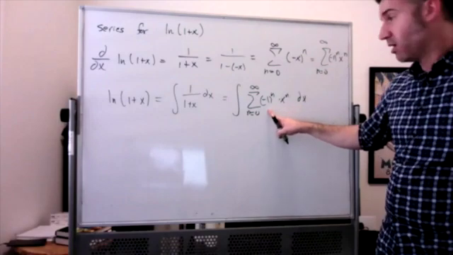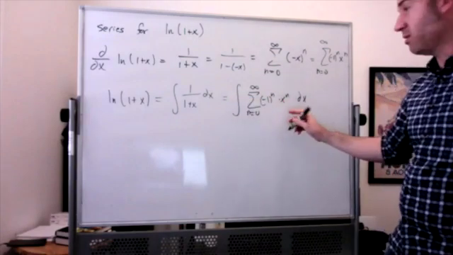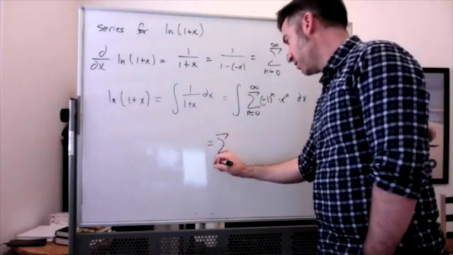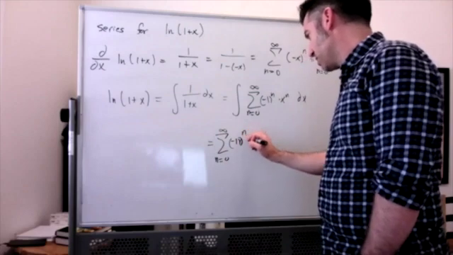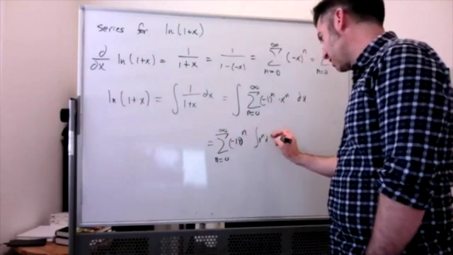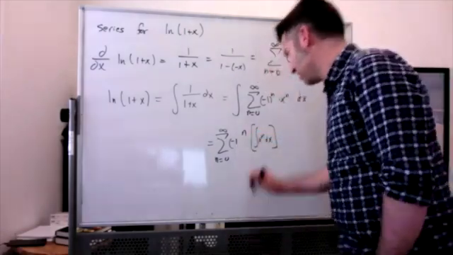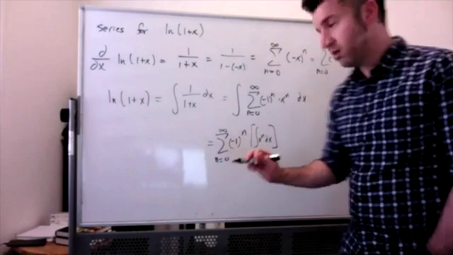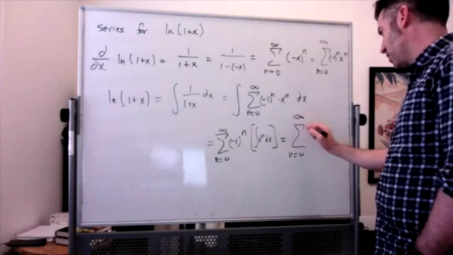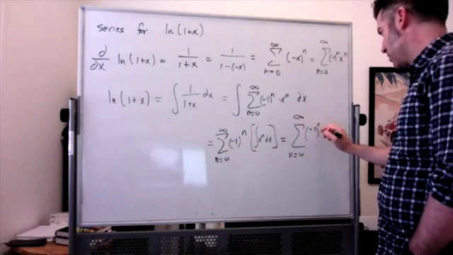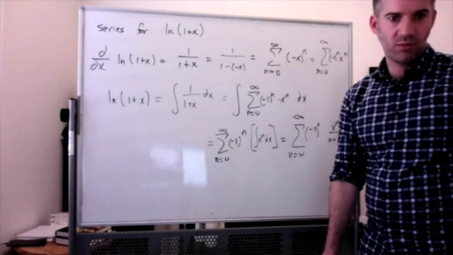There's no x's there. Basically, typically the integral can pass through the sum, and you can write this as the sum from n equals 0 to infinity of negative 1 to the n times the integral of x to the n dx. But the integral of x to the n is just x to the n plus 1 over n plus 1. So this is equal to the sum from n equals 0 to infinity of negative 1 to the n times x to the n plus 1 over n plus 1, which is kind of cool.